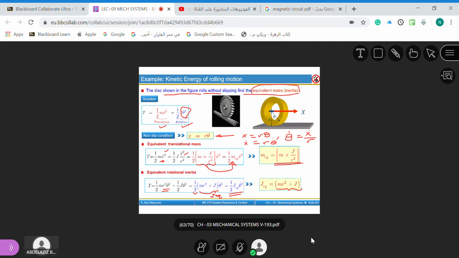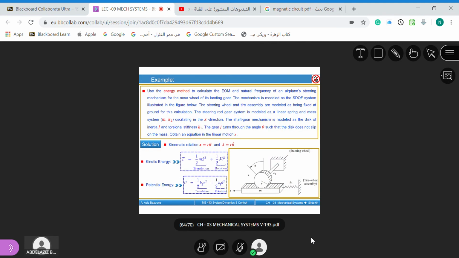We use the energy method to find the equivalent mass and the equivalent stiffness. We have a small problem here. They are asking us to use the energy method to calculate the equation of motion and natural frequency of an airplane steering mechanism for the nose wheel of its landing gear.